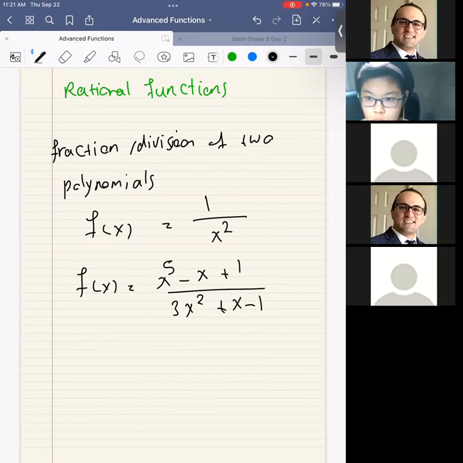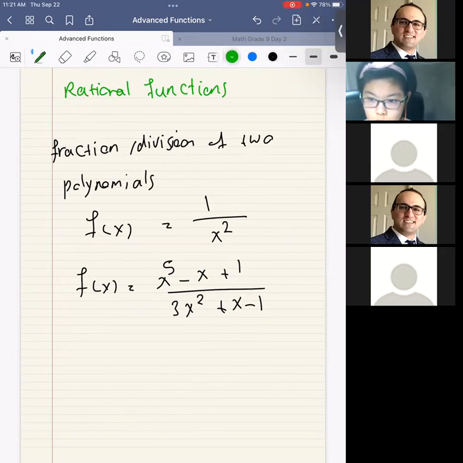So you have a fraction with two polynomials on the top and the bottom. These are rational functions, so you can also have rational inequalities.